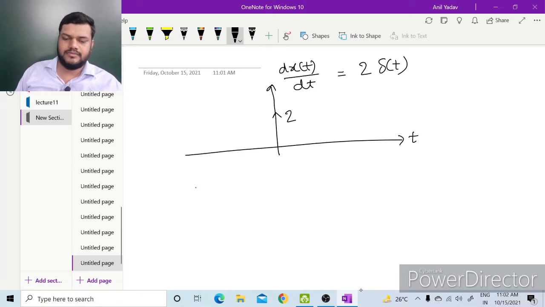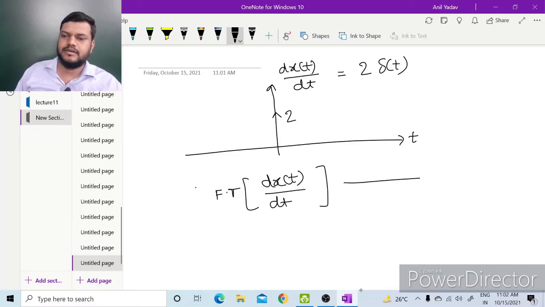So Fourier transform of this dx(t)/dt is, delta(t) has Fourier transform 1, so this will be 2. It means this is j omega X(omega), this is 2.